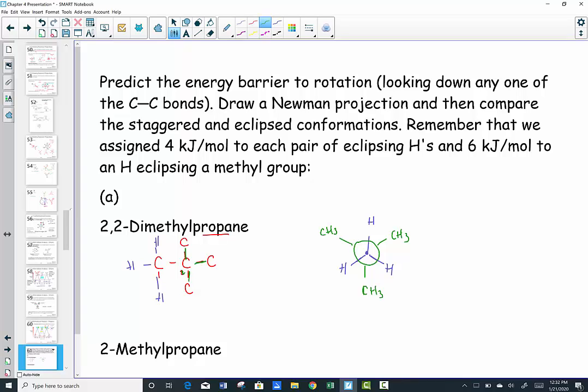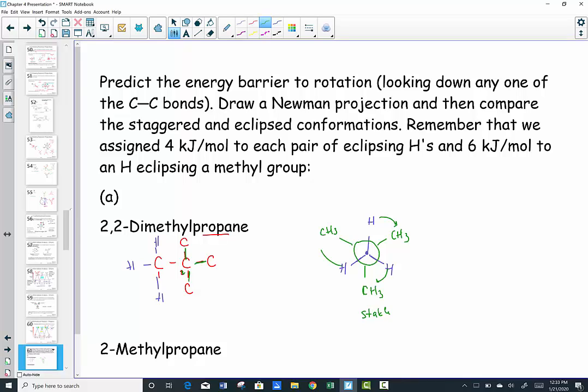Now I just drew the most stable conformation because I gave all the methyl groups 60 degrees to be away from the hydrogens, right? So that's the most stable conformation. But we're asking about interactions. So think about spinning this 60 degrees. The H moves to the methyl group. This H moves behind the methyl group.